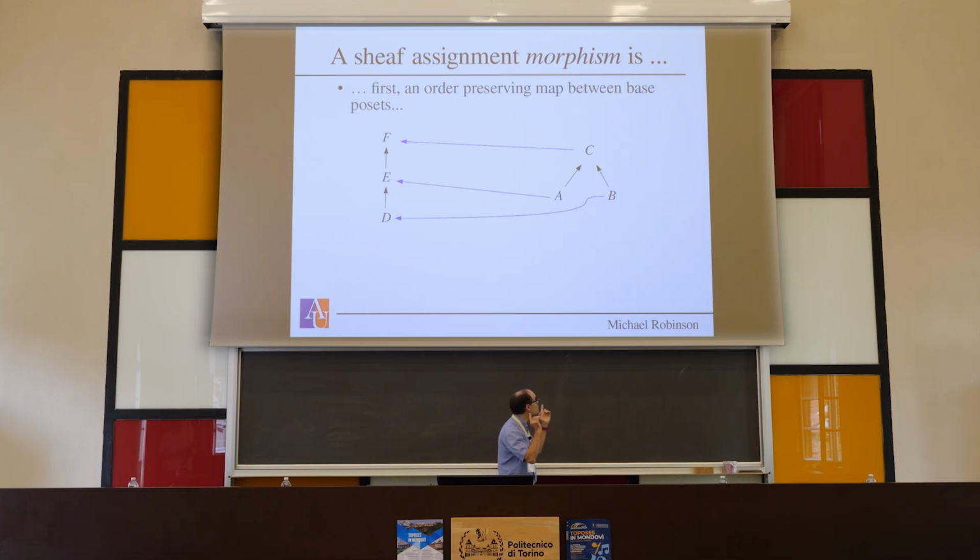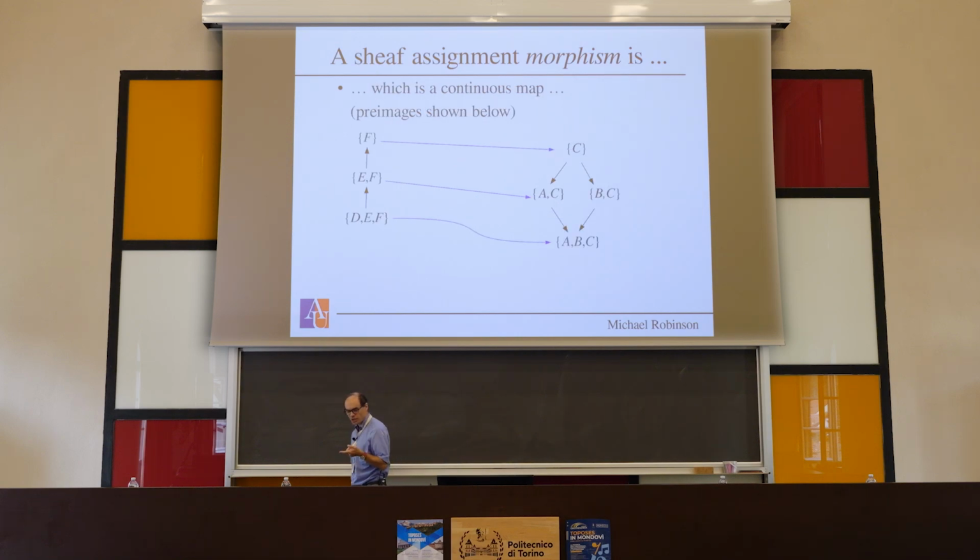Let's look. So here are two different partially ordered sets. The natural category of partially ordered sets has order-preserving functions as its morphisms, so I've shown in blue an order-preserving function between these two partially ordered sets. Okay, great. So if I want to extend this to a sheaf morphism, I have to build out that natural transformation. The whole thing needs to commute.